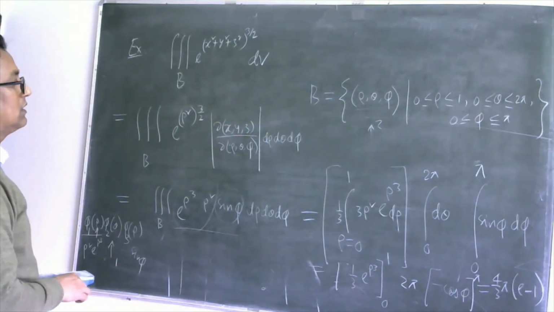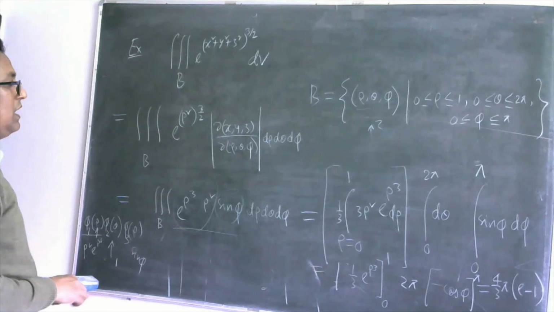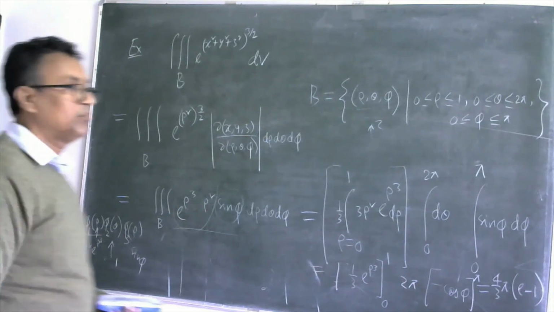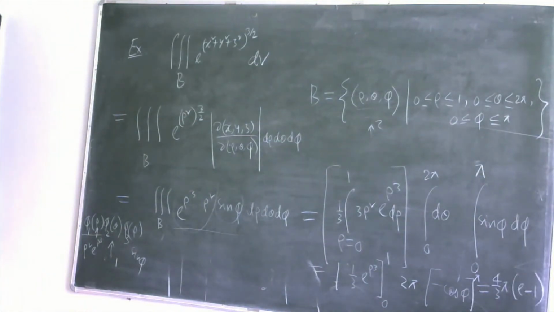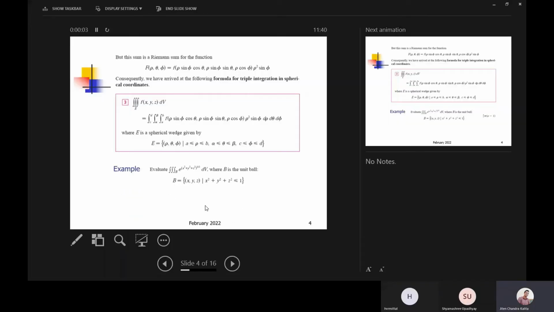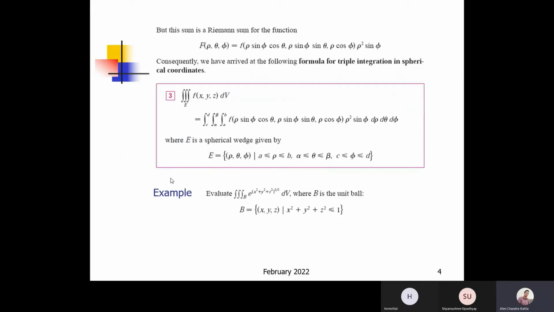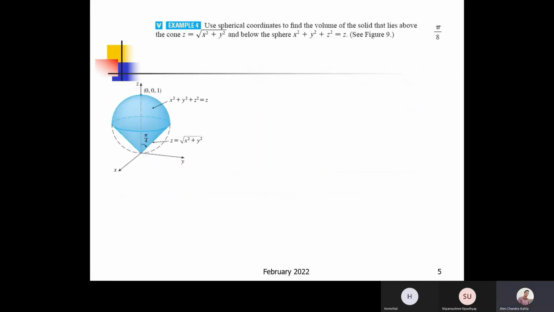So then we are going to work out one more example. Okay, if possible, let me get back to the slides again. This is the ice cream cone example. So what was happening here?